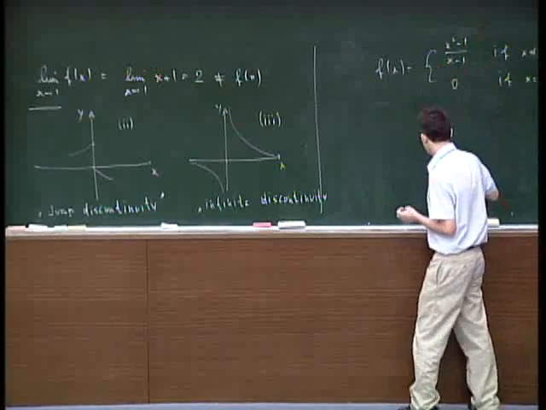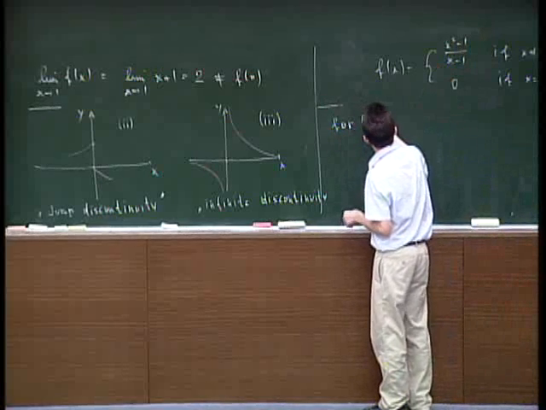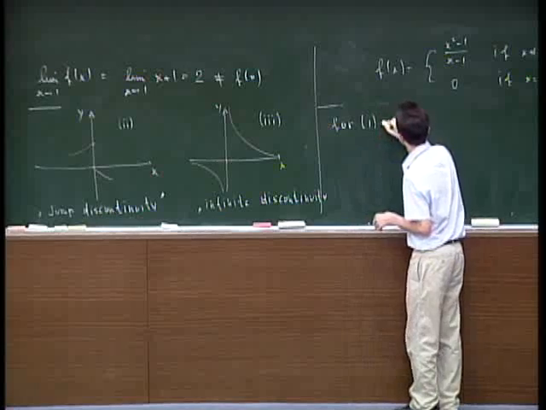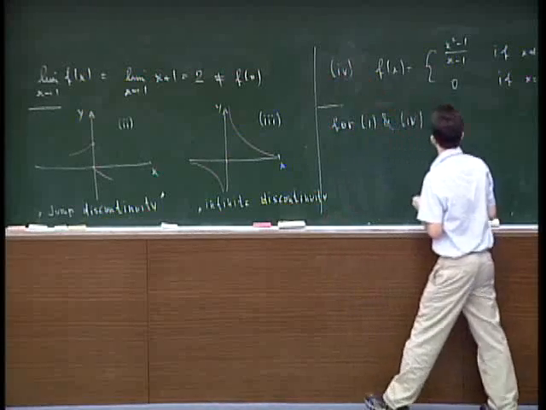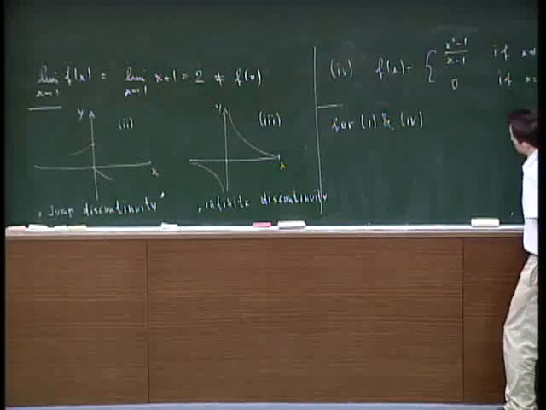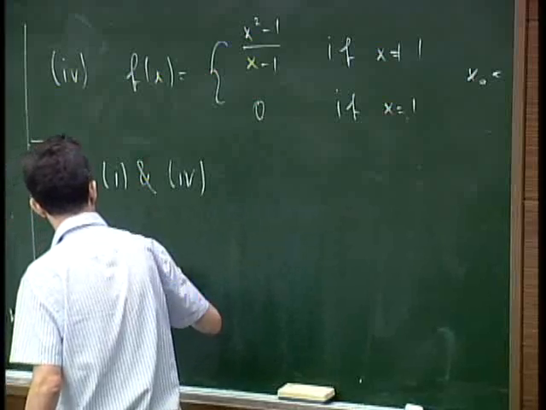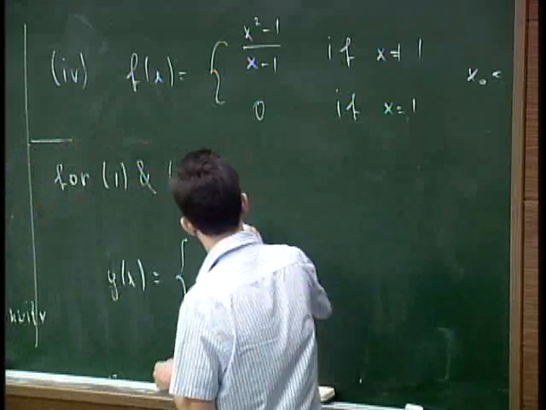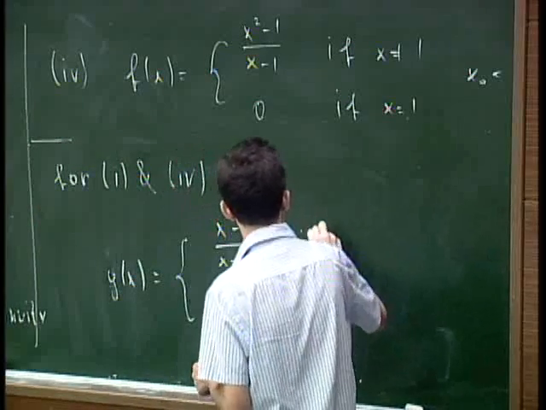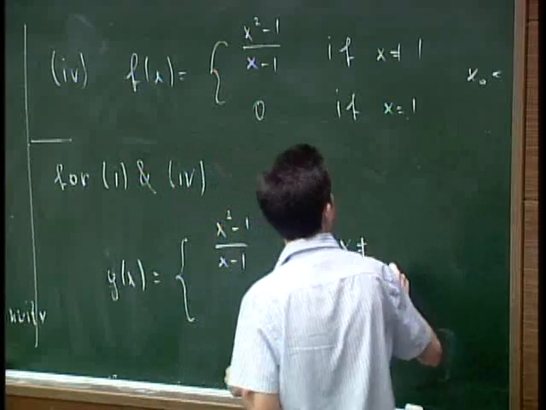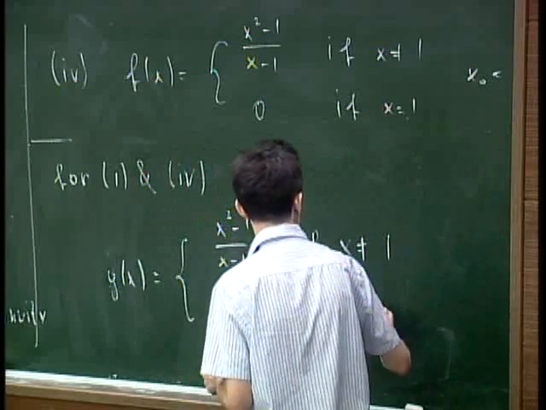So for the first and fourth, if we define a new function, let's say g of x, the same function x squared minus 1 over x minus 1 if x is not equal to 1, but 2 if x is equal to 1.